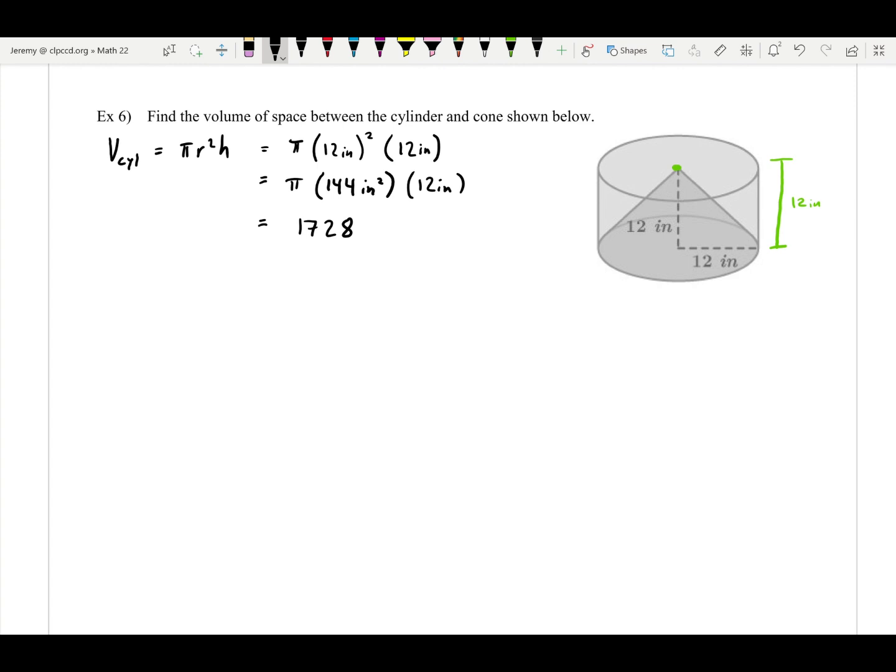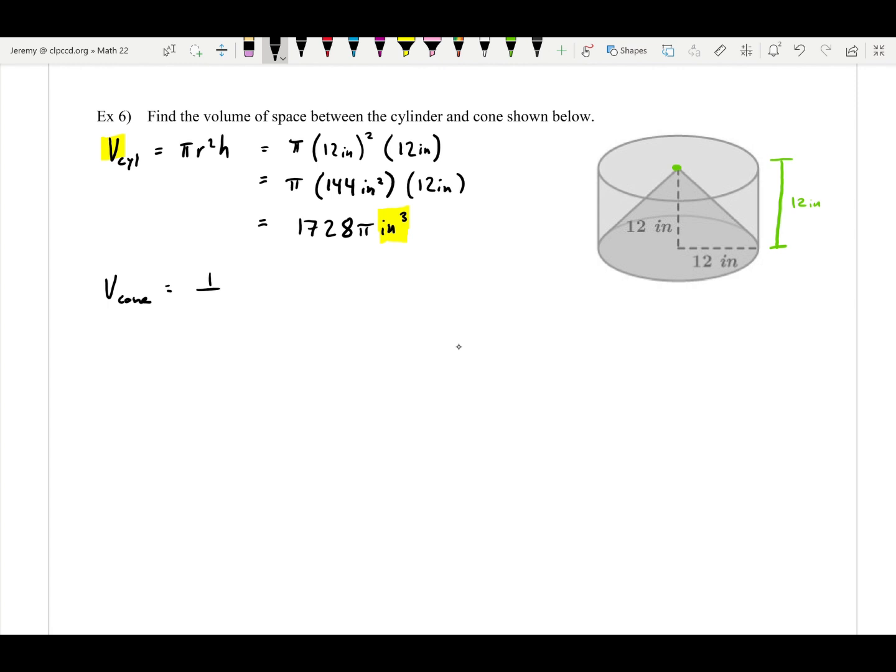I used my calculator for this. Times pi. And multiplying inches squared times inches gives us inches cubed. Okay, so I just wanted to demonstrate that we get inches cubed, which is what we would expect for a volume. Okay, now let's find the volume of the cone.